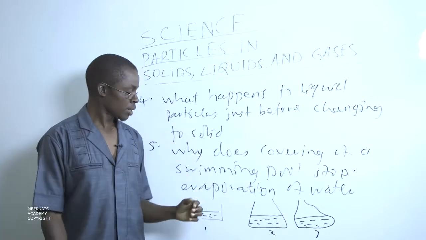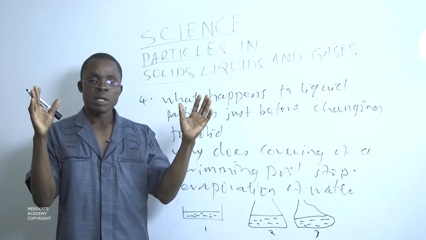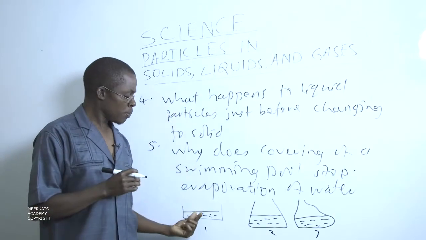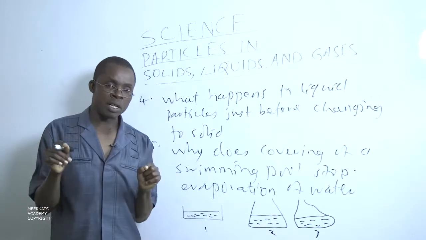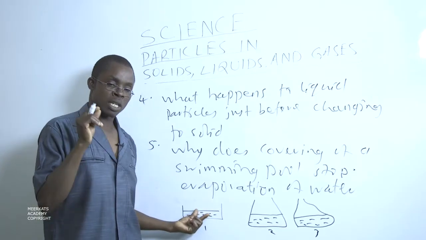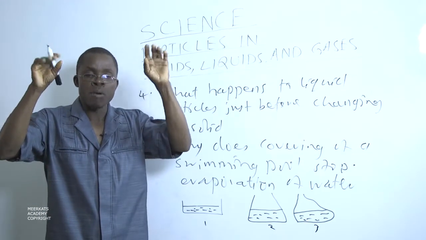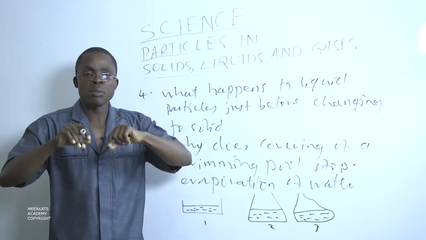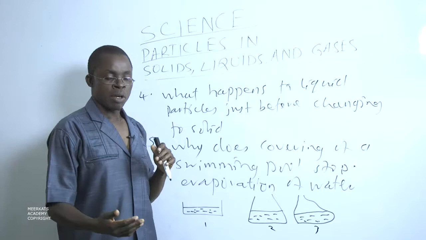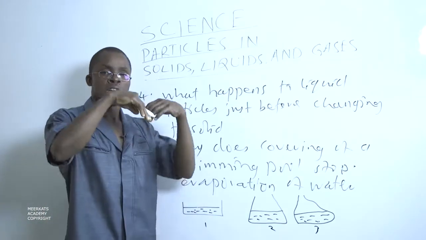Reason being, this one has a wider surface at the top, whereby when the particle breaks free from the liquid due to the heating, it can easily be lost. By moving freely to all directions, it can easily be lost, so that it gives space for the other particle just below it to come and also be lost.